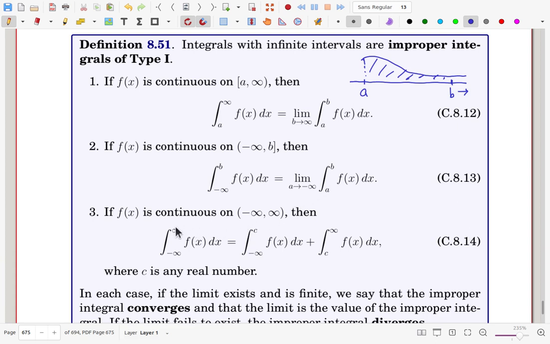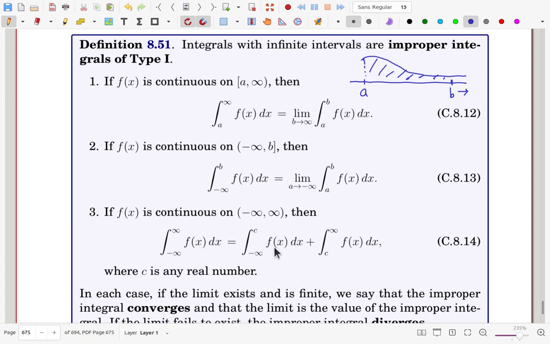Once the function is continuous over the whole real line, and if we have to get the integral over the whole real line of f, then for any real number c, we have to get the left side integral and the right side integral, and if both values exist, then the sum will be the final result for the given integral.